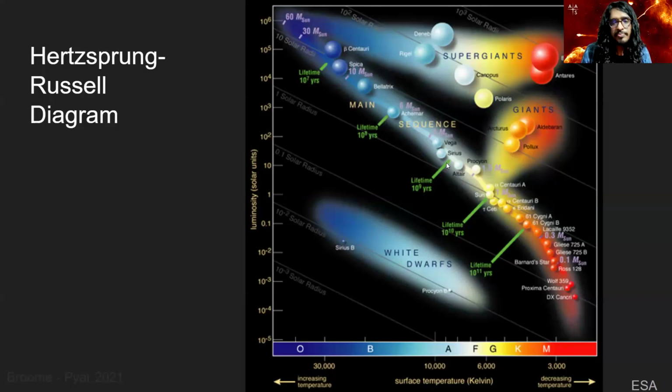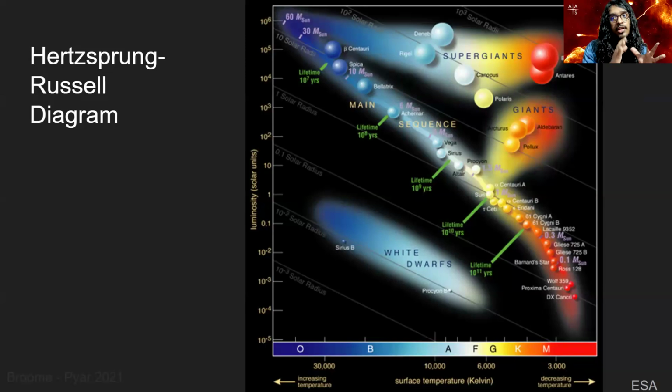Another thing that we'll notice is that this diagram is colored, and unlike the color scheme that's used in most other things, blue here actually means hotter. If you look at the x-axis, you'll see that temperature increases to the left.